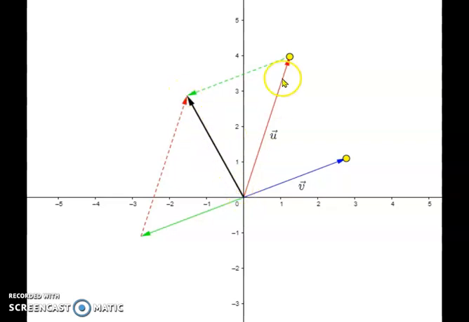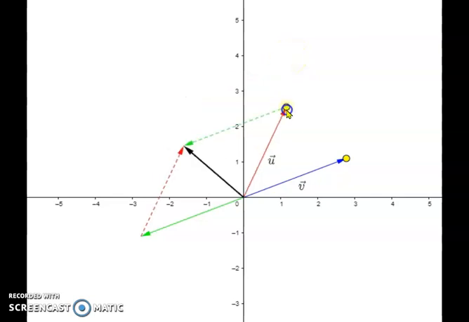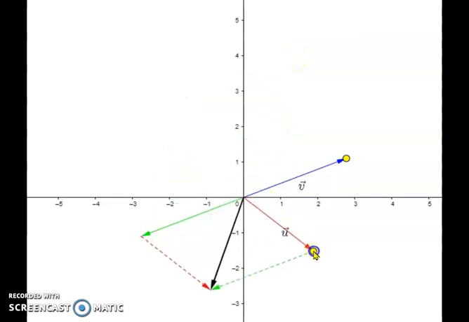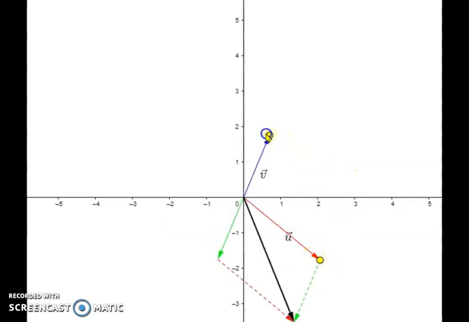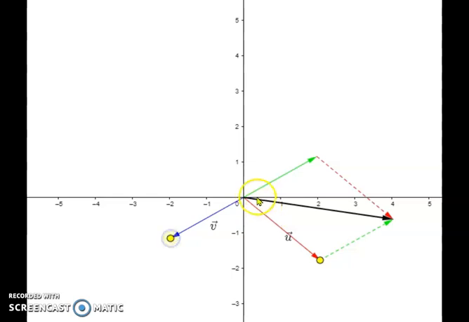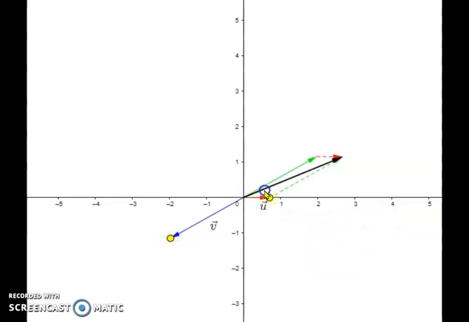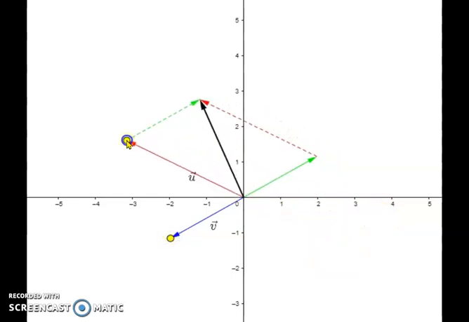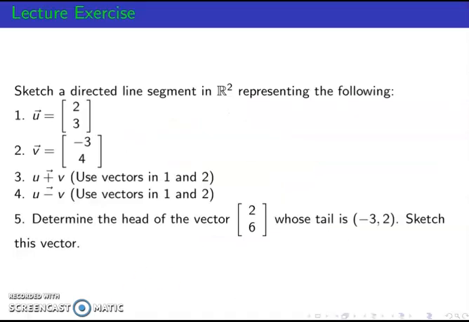So, if you're going to move, kunyari, ito yung U natin. So, the difference will be this vector. Okay, so kung i-move natin ng pag-ganon, the difference will be this vector. Alright? So, you have that.